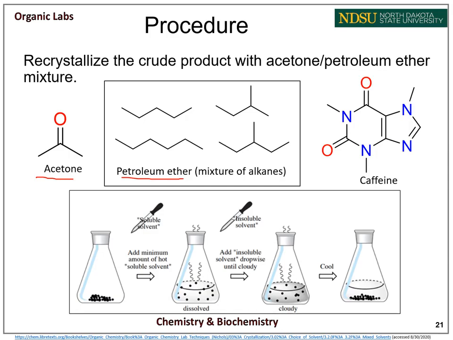For a mixed solvent system, the first solvent, acetone in this case, is a solvent that your compound should be soluble in. The second solvent, petroleum ether in this case, is a solvent that your compound should be insoluble in. Acetone is a polar molecule because of this oxygen atom.